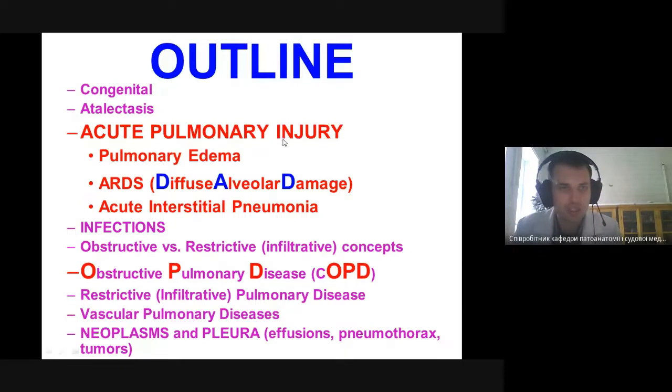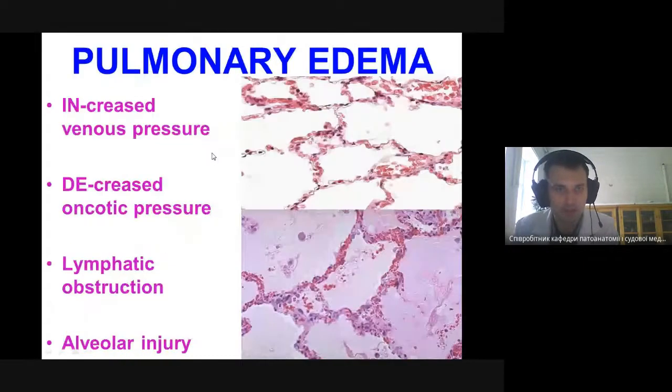Acute pulmonary injury, the next point, with pulmonary edema. Pulmonary edema is the situation we have gone through in hemodynamic disorders, with congestion, with the excess of blood in the vessels.